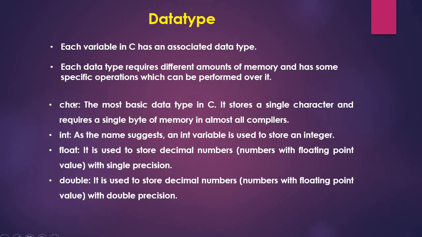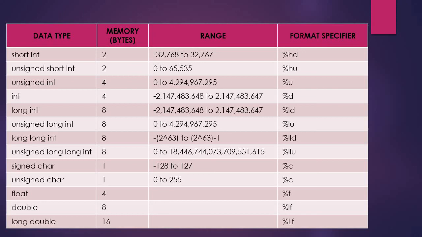Char is a common data type to store a single character and requires a single byte of memory. Int, as the name suggests, is used to store integer variables, that is, whole numbers, and float is for storing decimal numbers, and double also stores decimal numbers. More precision can be indicated in the case of double, whereas there are restrictions in mentioning the precision in float.